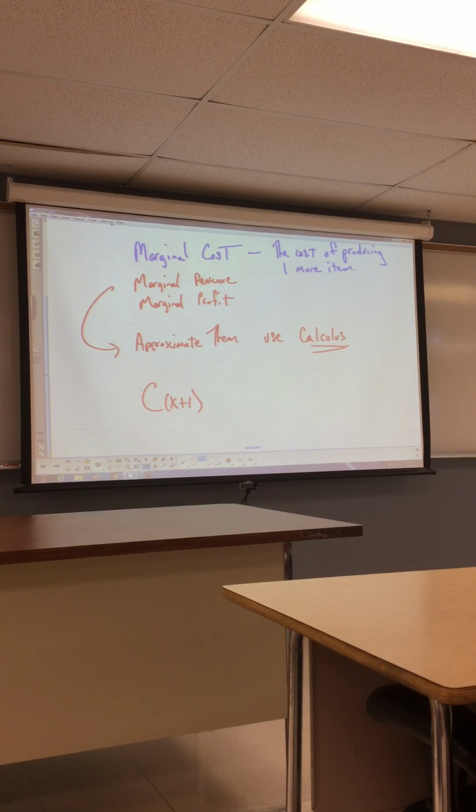We're going to say that it's approximately equal to the cost of producing that item, take away the cost of the first 50, if x happened to be 50, correct? The cost of the 51st would be the cost of that 51st item minus the cost of the first 50. That would be just representing the cost of the 51st item. Is that okay?